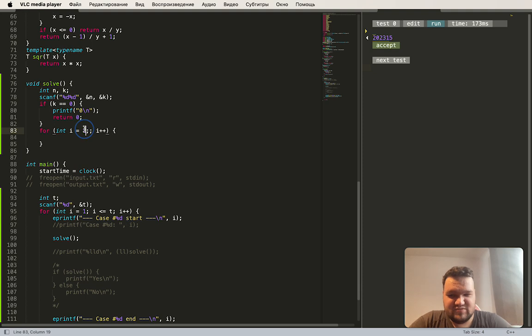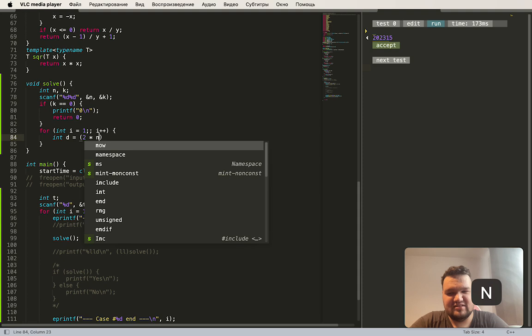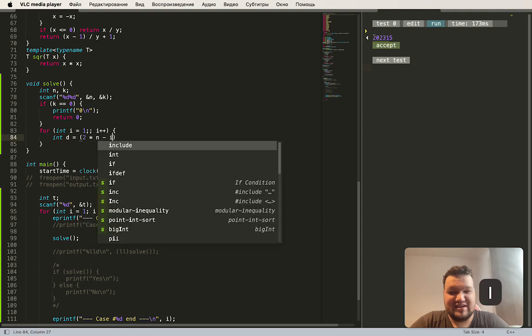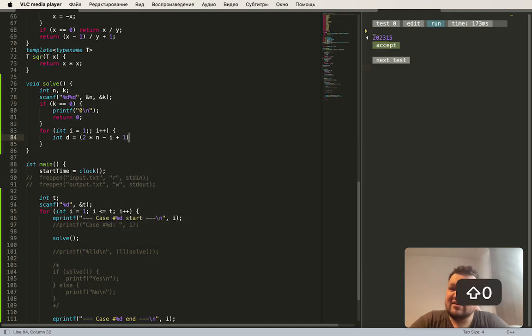So if we start with 1, then the number of cells on each largest diagonal will be calculated as 2 times n minus i plus 1, right?